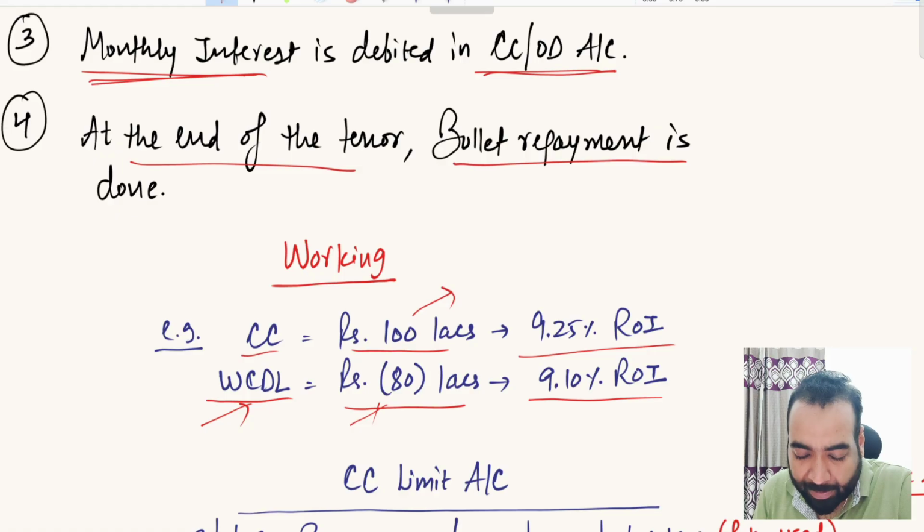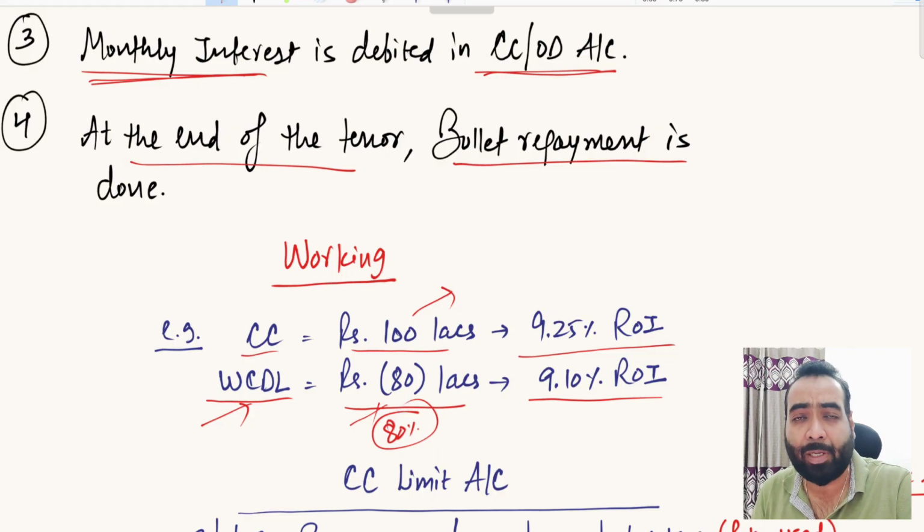If you have seen in this example, I have not given 100% interchangeability of CC limit and WCDL limit. I have kept the CC limit at 100 lakhs and the WCDL limit at 80% of the CC limit. I have done that intentionally because this is the actual practice followed in the majority of banks. Most banks keep the WCDL limit at 80% of the parent limit.